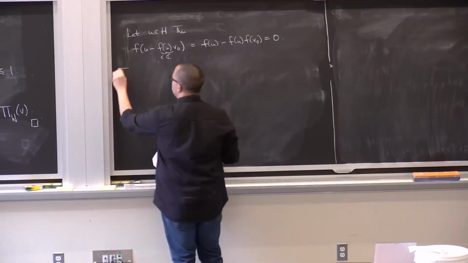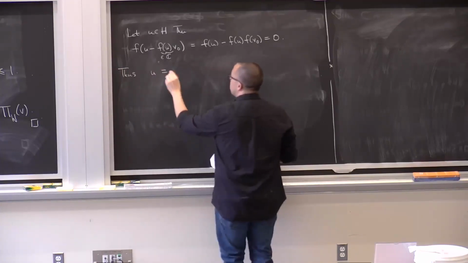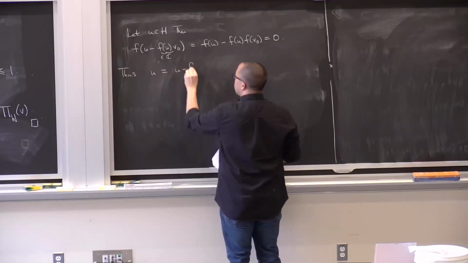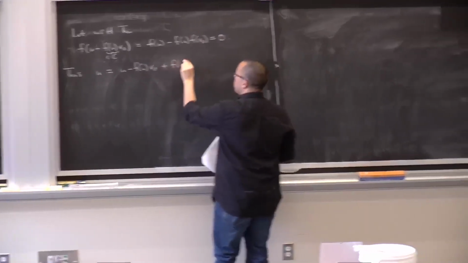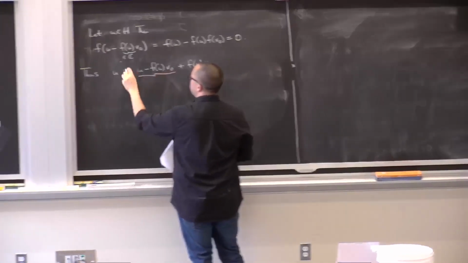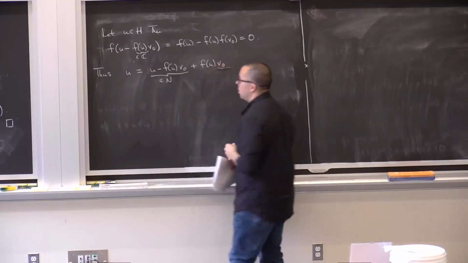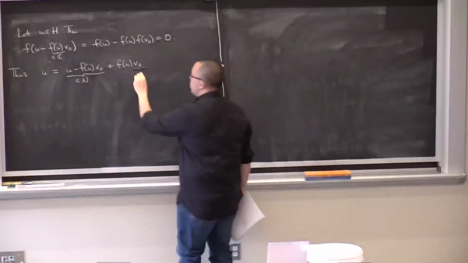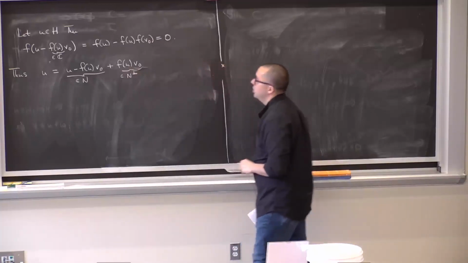And therefore, U is equal to U minus f of U times V naught, plus f of U times V naught. Now, this thing here, because f applied to it gives me 0, is in N, right? And this is, again, remember, in N perp.